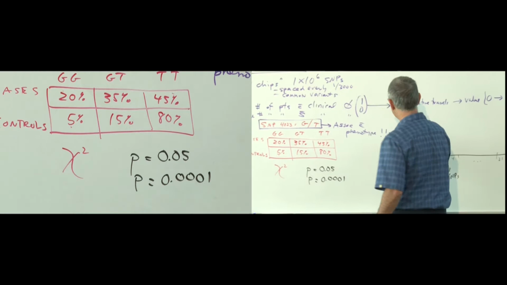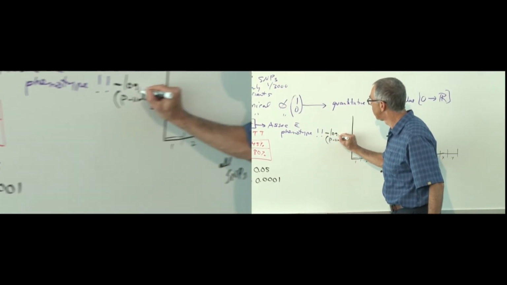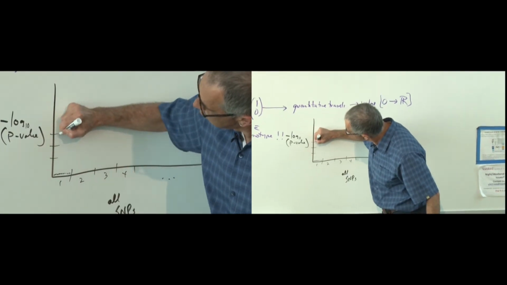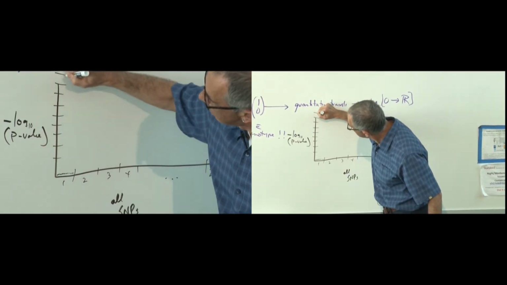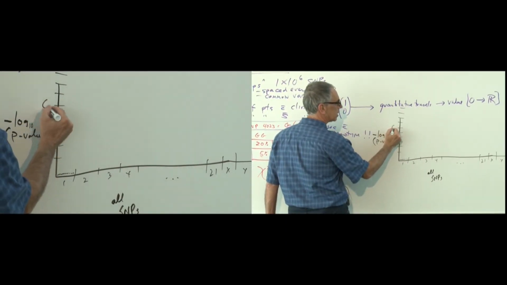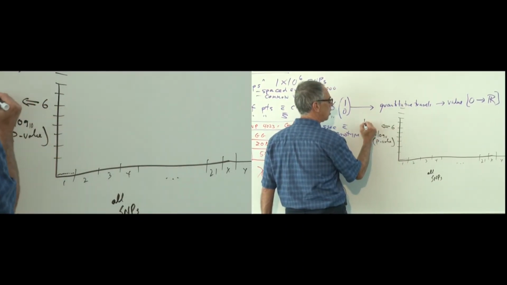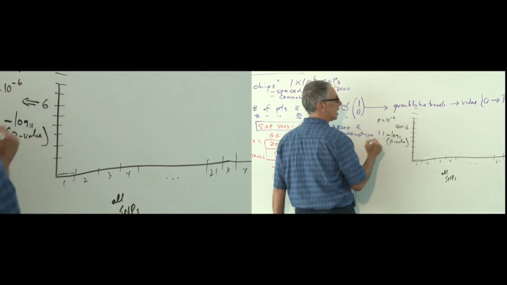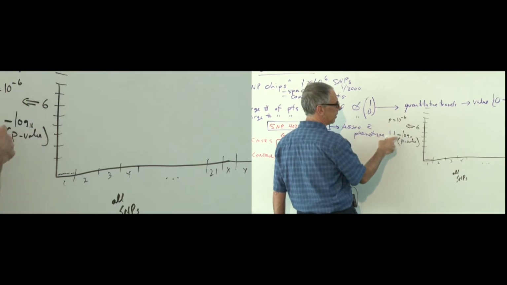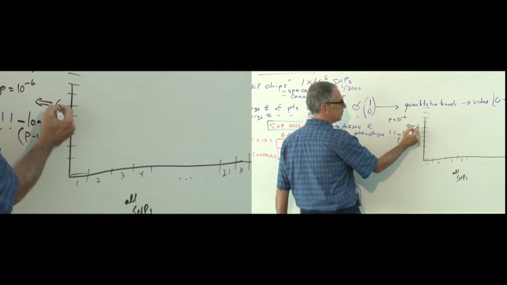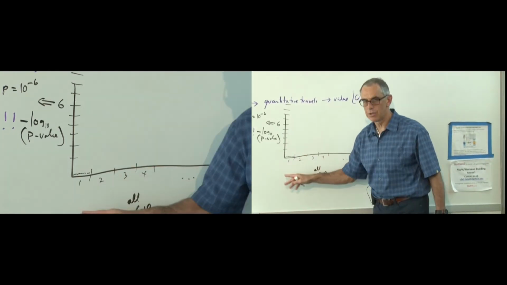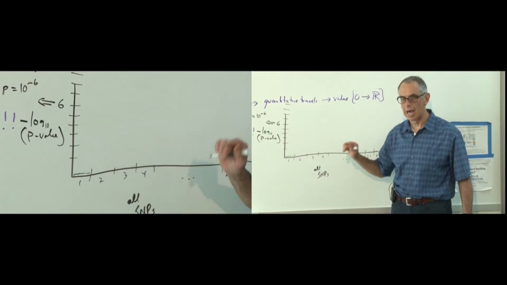So you plot the negative log base 10 of the p-value. And so you get these nice things like 1, 2, 3, 4, 5, 6, 7, 8, 9, 10, where, just to be clear, 6 means the p-value was 10 to the negative 6th, because the log base 10 is negative 6, and then negative 6 is positive 6, which is here. So what you do is you take the p-value for every SNP and you plot it.